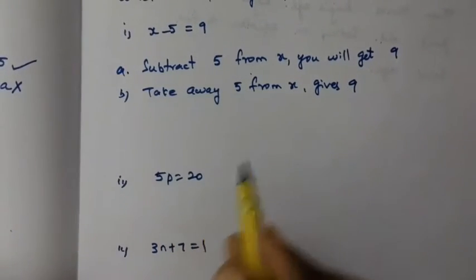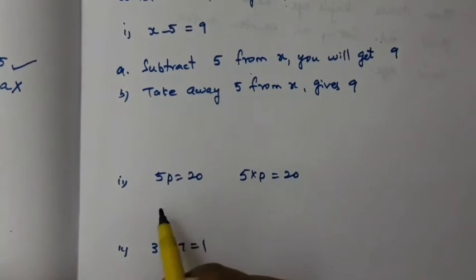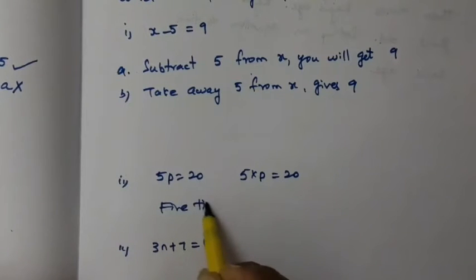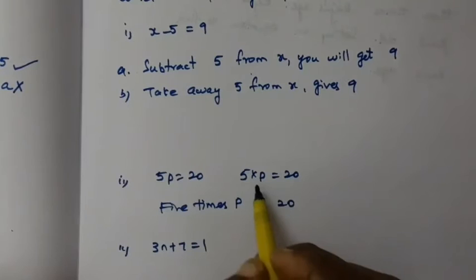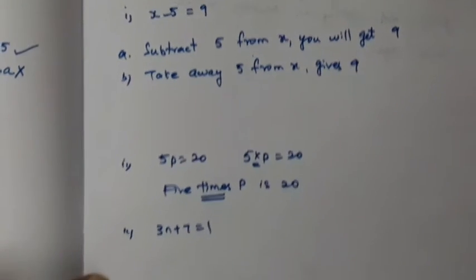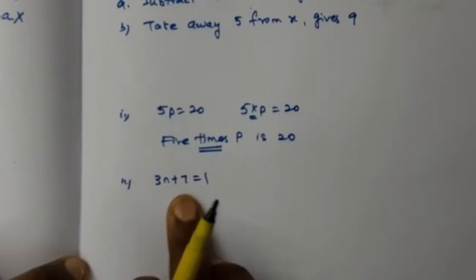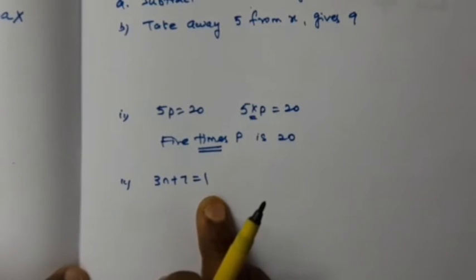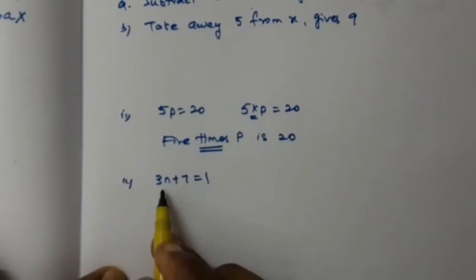The second is 5p equal to 20, which is 5 multiplied by p is 20. So 5 times p is 20. Whenever there is a multiplication, you have to say times. The next is 3n plus 7 is 1. So I can write, if you add 7 to the 3 times n, you will get 1.